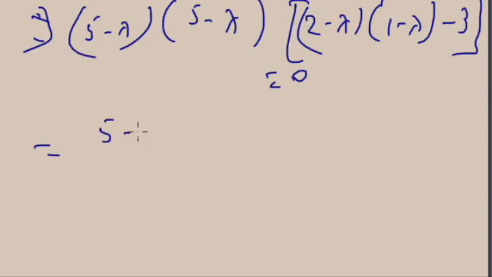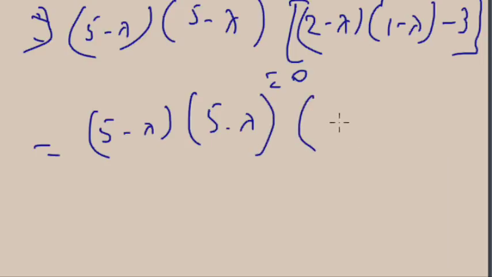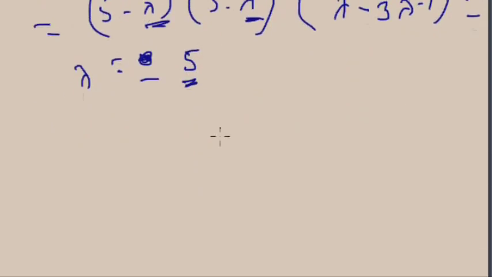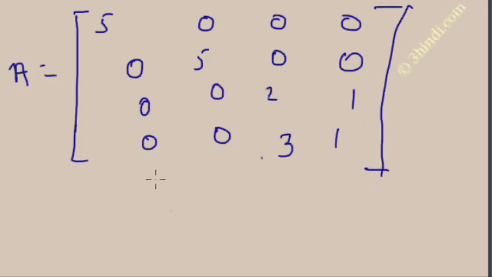This means 5 minus lambda into 5 minus lambda, and if you solve this, you will get lambda square minus 3 lambda minus 1 equal to 0. Here one lambda value is 5. Lambda is equal to 5. So A is this matrix.